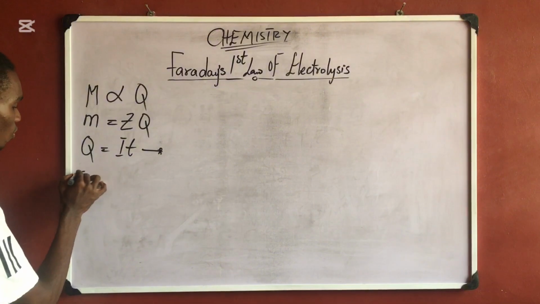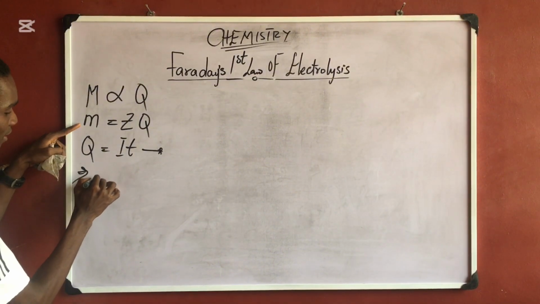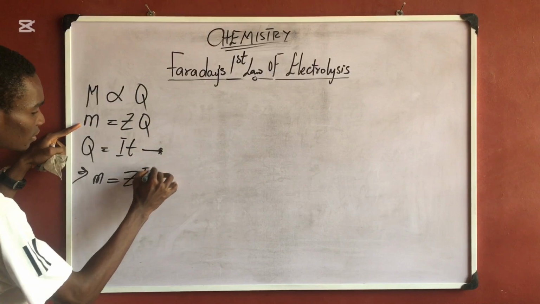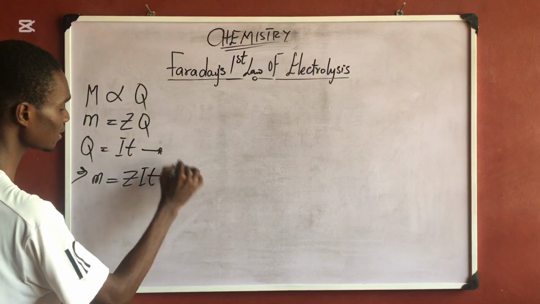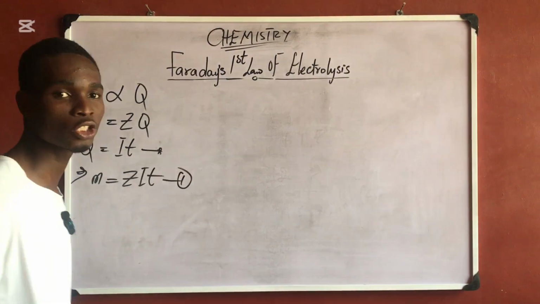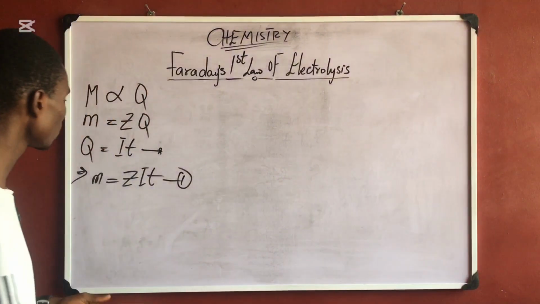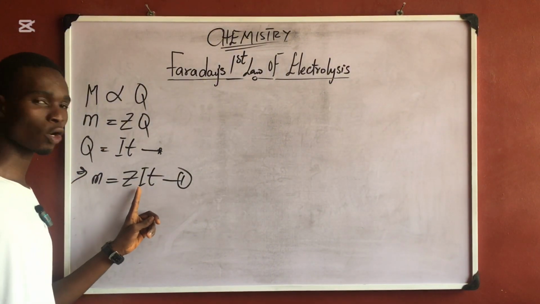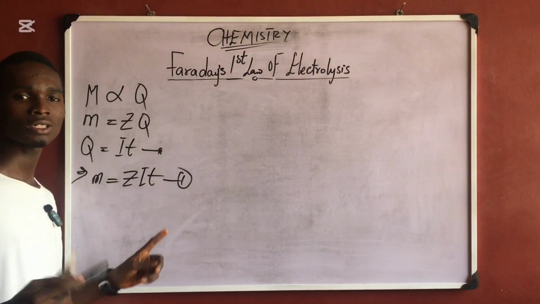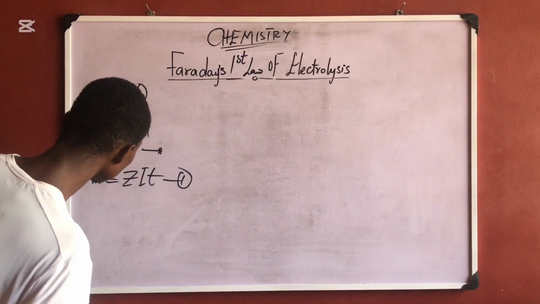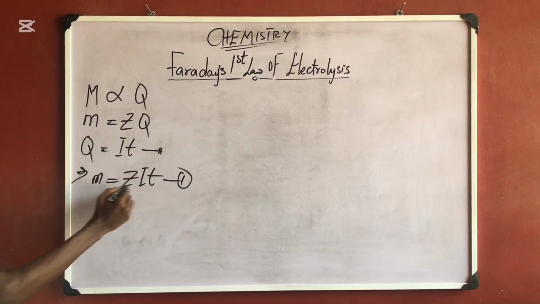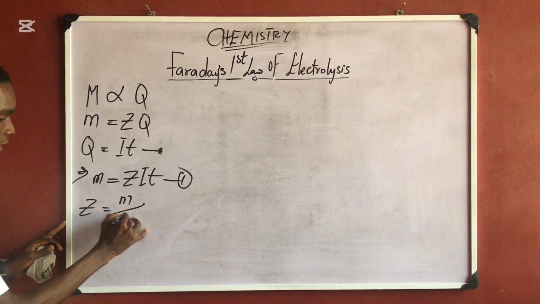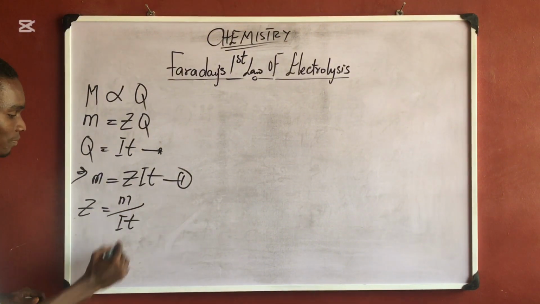Therefore, I will have the mass of the substance to be ZIT. Take this as the first equation, which can give you any question that regards the mass of the substance, the current, and the time. Now, when you make Z the subject, I will have mass over current times time.